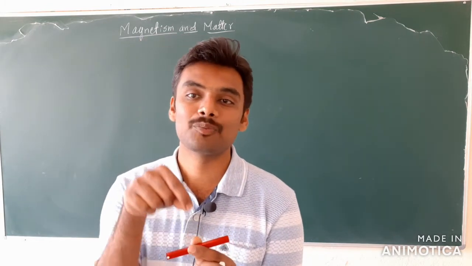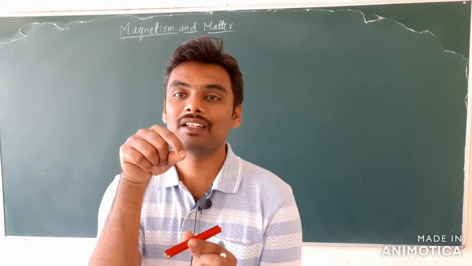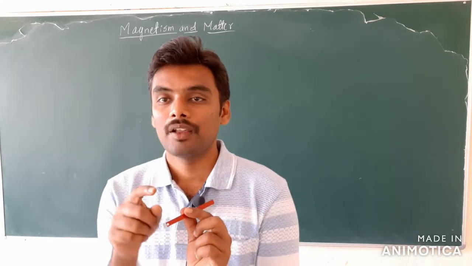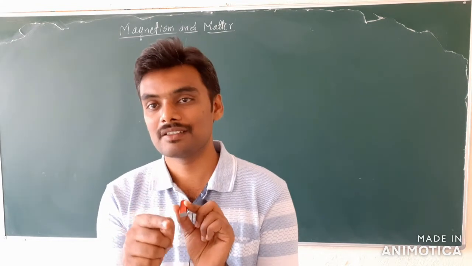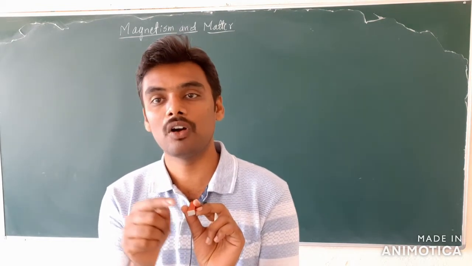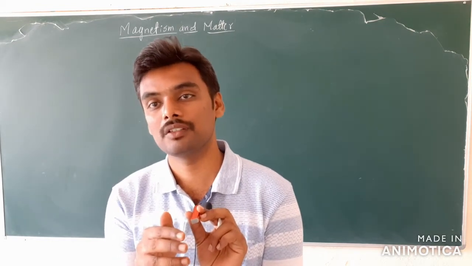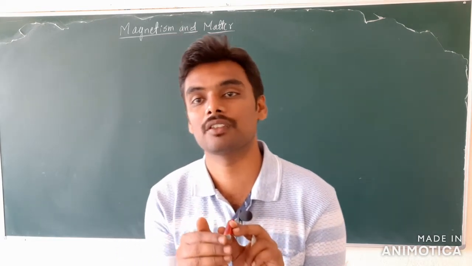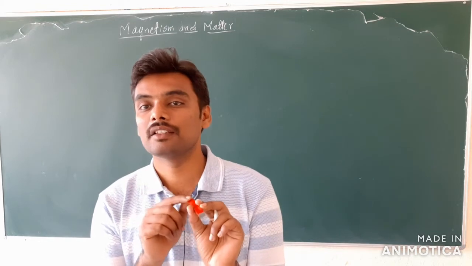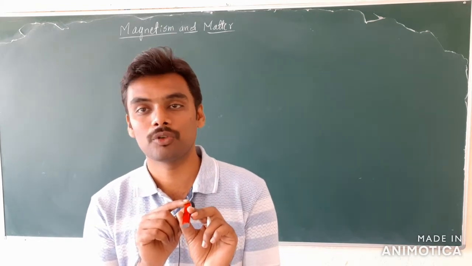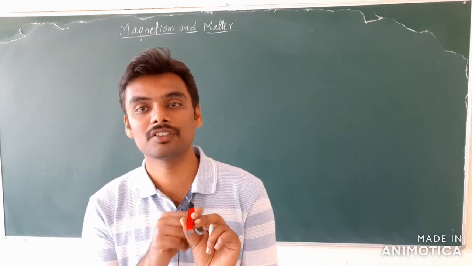When we suspend a magnet freely, the pole which directs us towards the geographical north pole of the earth is called the north pole, and the other one, which is directing towards the south, is called the south pole.